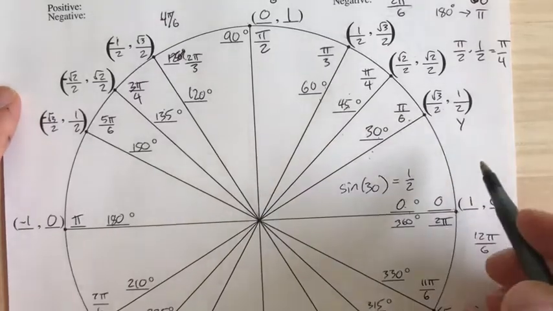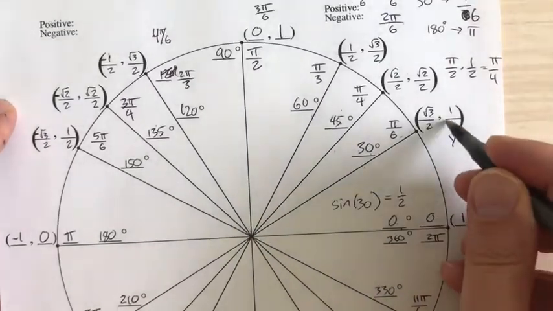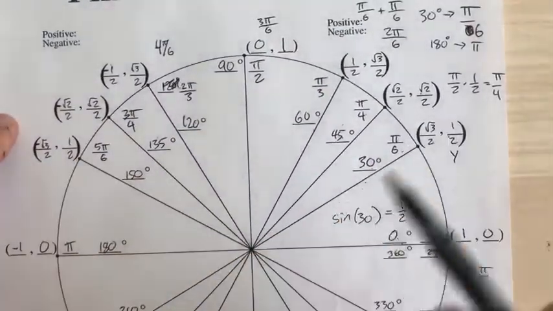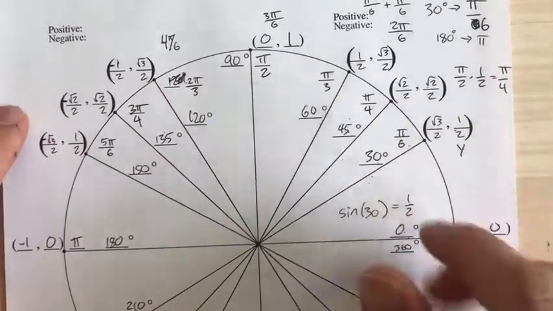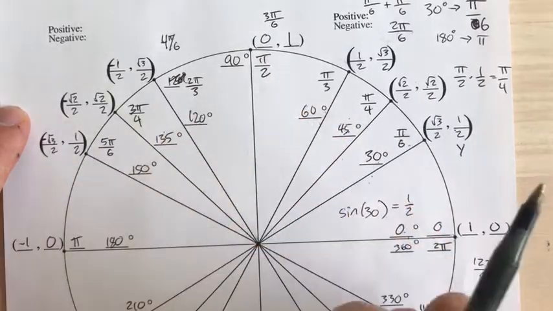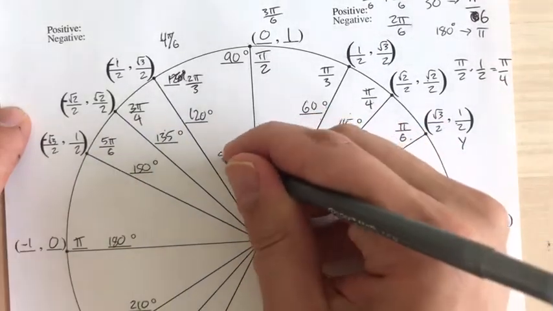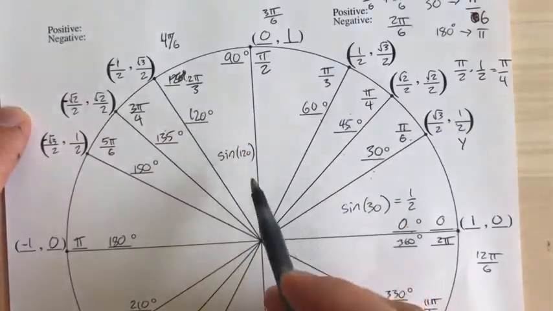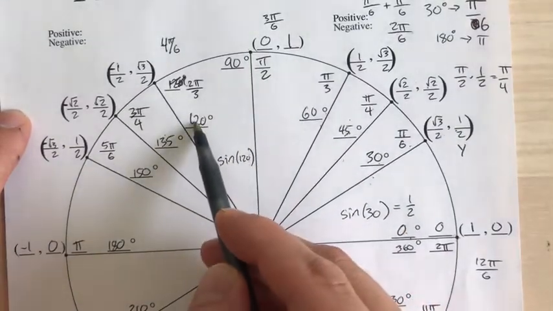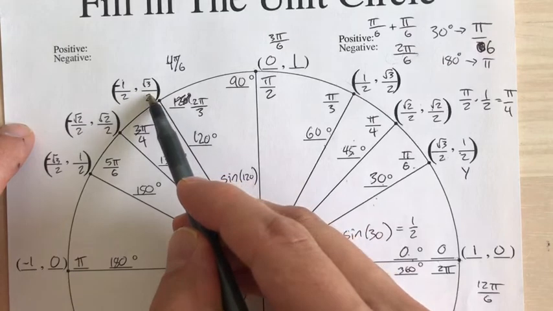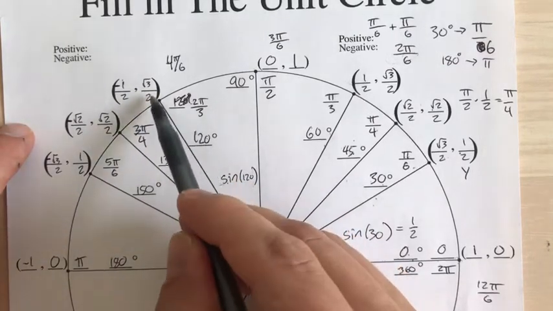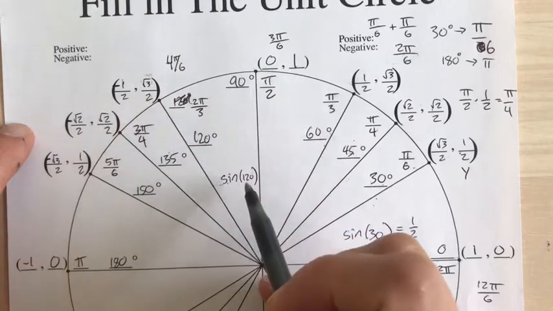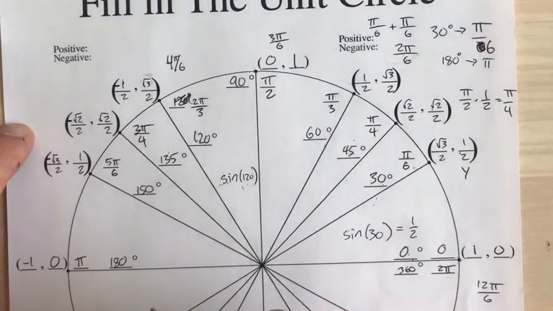The way this works is that all of these y-coordinates on the unit circle are sine ratios for each of the associated angles. So for instance, if I wanted to know what is the sine of 120, I could look at the y value at 120 and be assured that square root of 3 over 2 would be the correct answer.